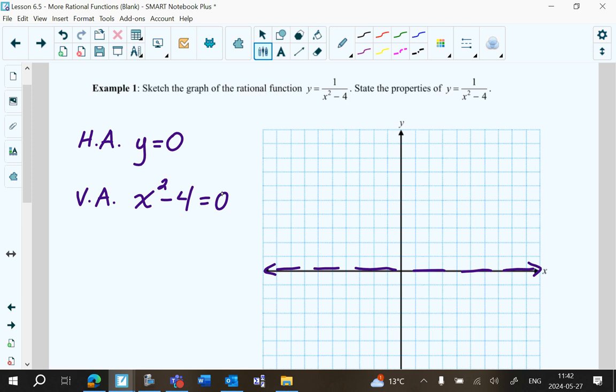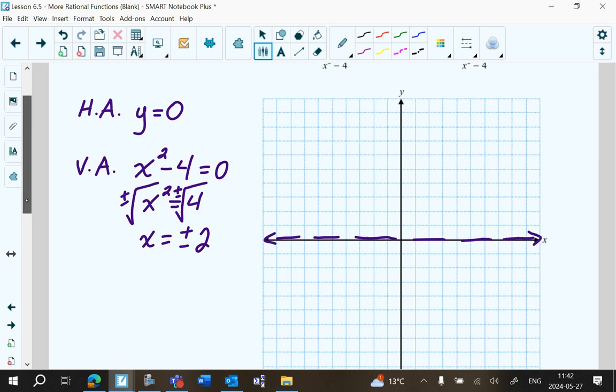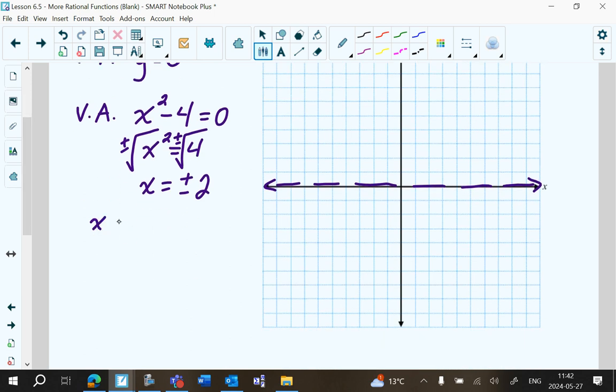So all we have to do is move the negative 4 over to the other side and then take the positive and negative square root to get our answers. So that means x can be plus 2 or x can be minus 2. That means there's two vertical asymptotes. x equals 2, x equals negative 2.